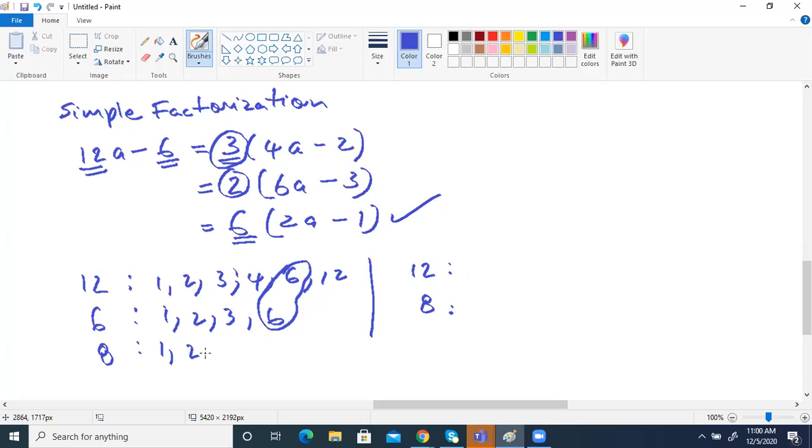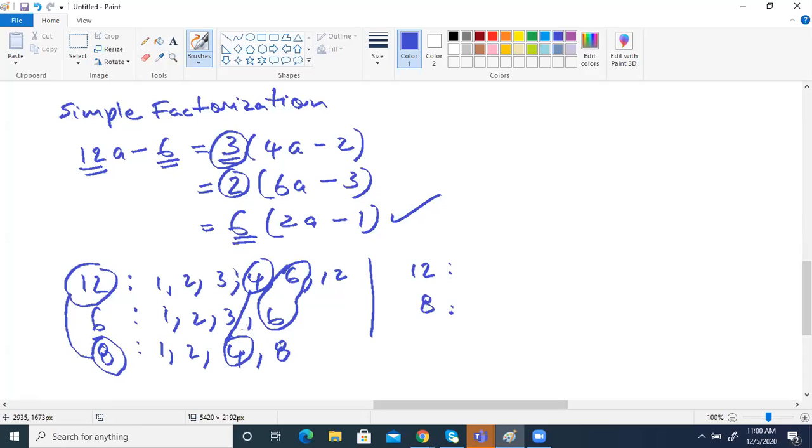We'll have 1, 2, 4, and 8. Now, if you were to ask for the highest common factor between 12 and 8, it is 4. And that's really it.